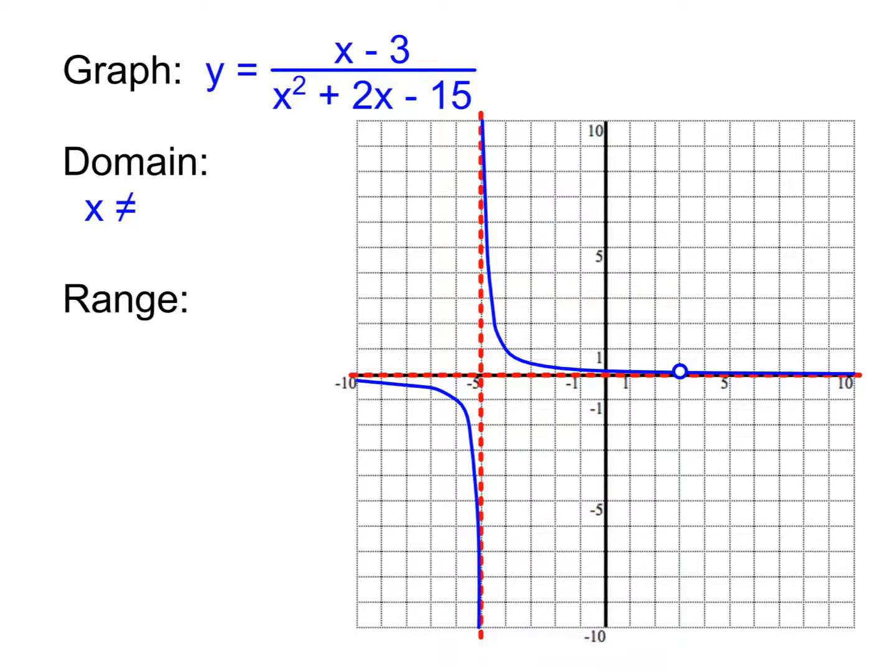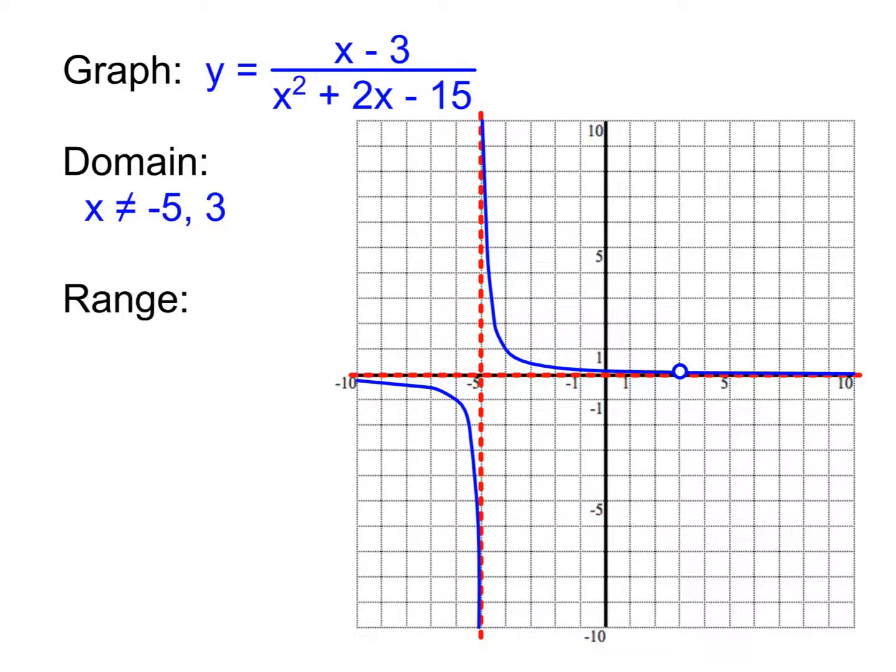Just based on what we simplified it down to and where we can see the asymptote, we know that x cannot equal negative 5, because that's where the asymptote is. But we also have to account for the fact that x cannot equal this value, the hole in the graph. And so x can also not equal 3.